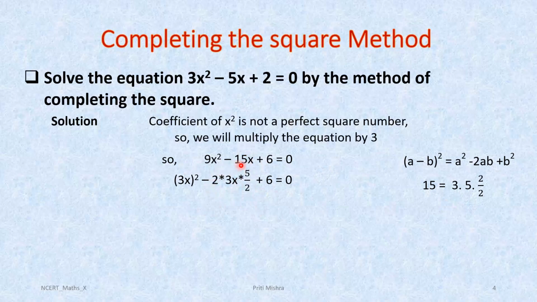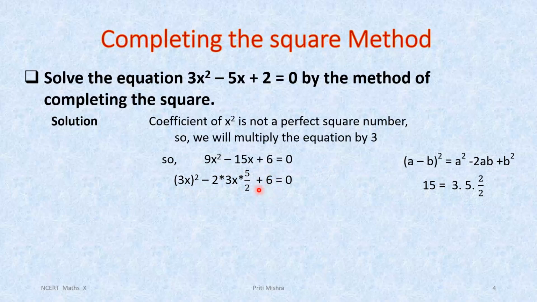So now this term is in the form of 2ab. And from this term, we are able to find out our B. We need to take here 5 by 2 as B, because 3x is A here, and this is minus 2ab, and 6 is extra here, you can say.